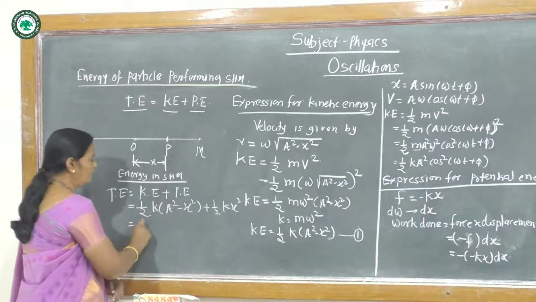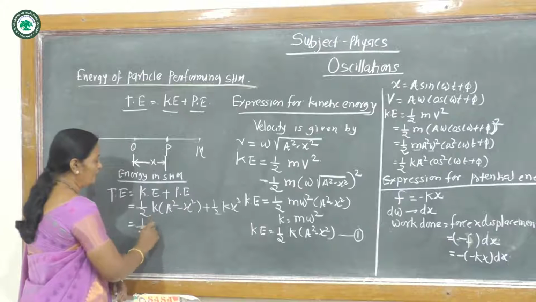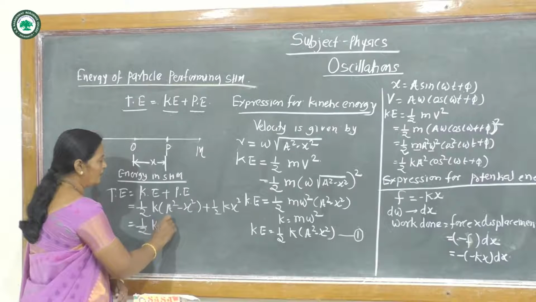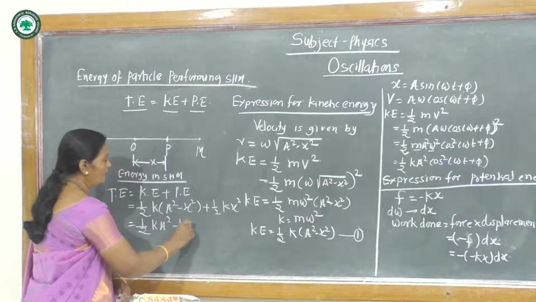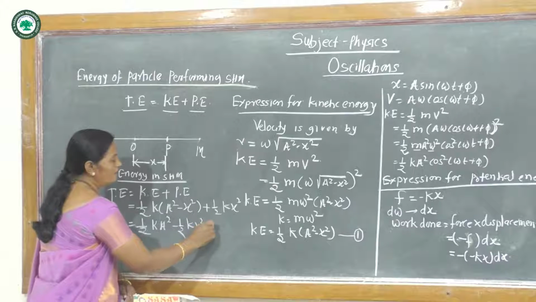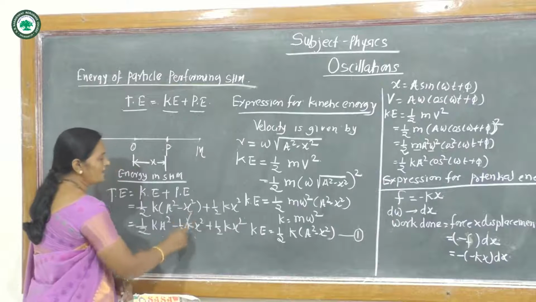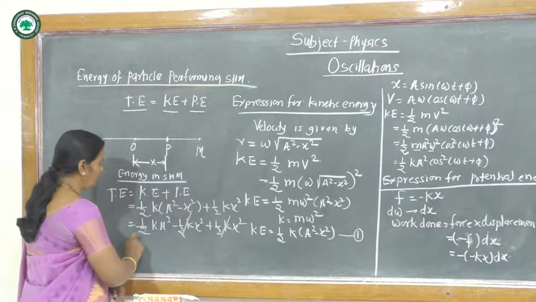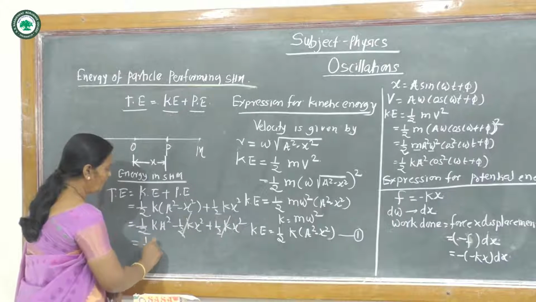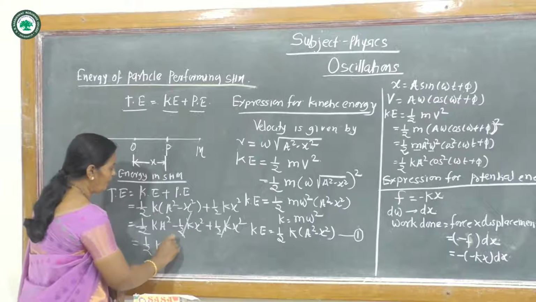If we simplify, the 1/2 kx square terms cancel, and we get 1/2 k a square.